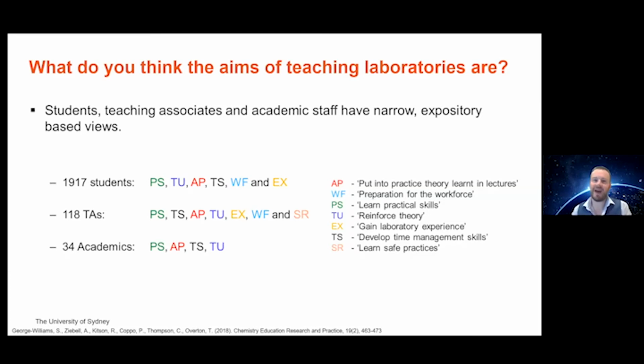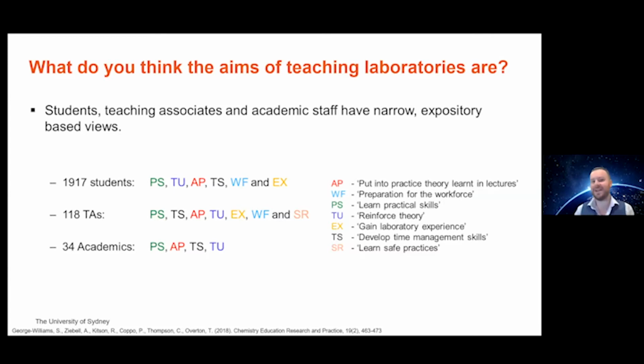Interestingly, after that, it wasn't the academics who mentioned the workforce at all. It was only the students and the teaching associates or the demonstrators who actually stopped to say, well, hey, isn't a part of this supposed to be me getting a job at the other end? Or the teaching associates saying we're supposed to be training them for that.